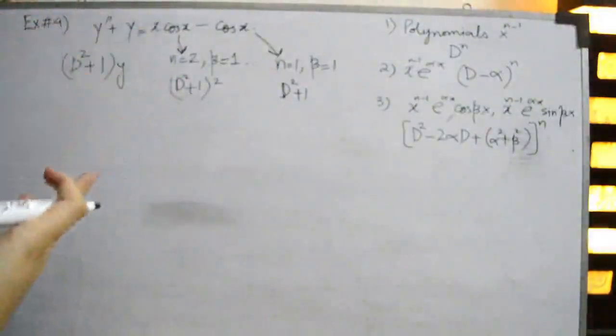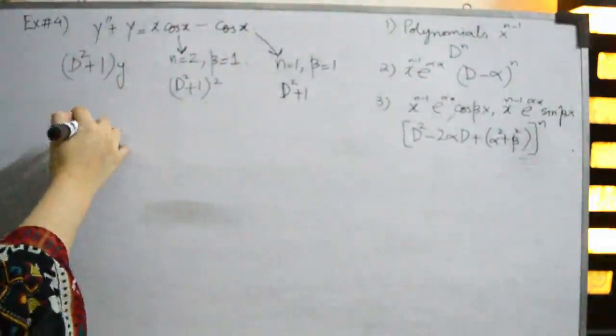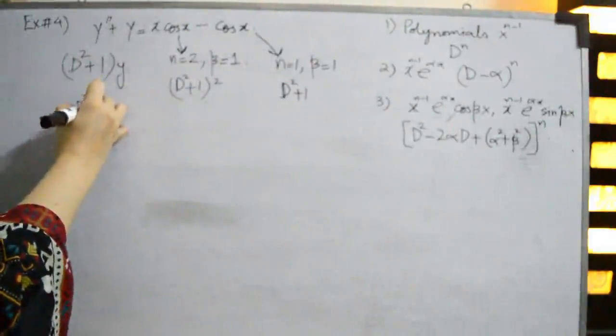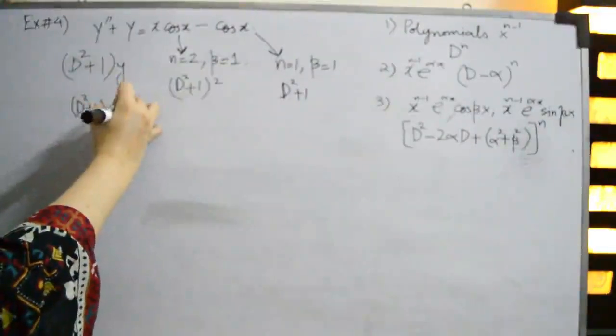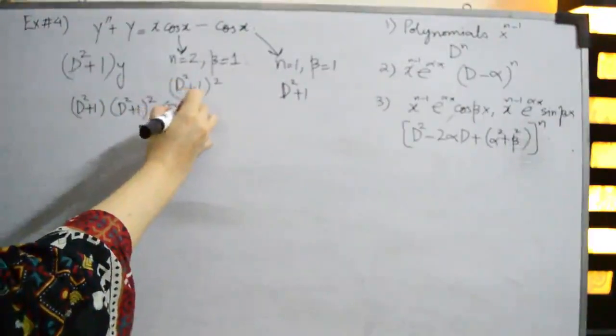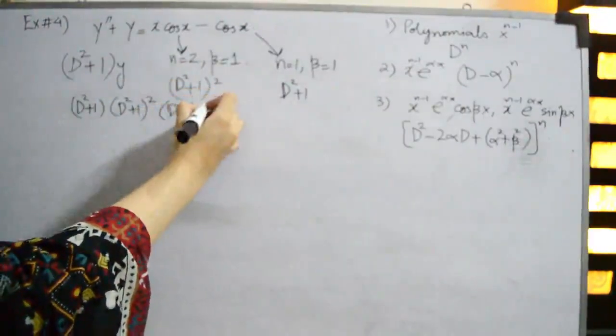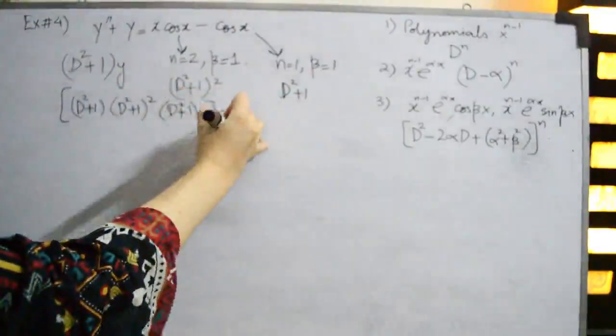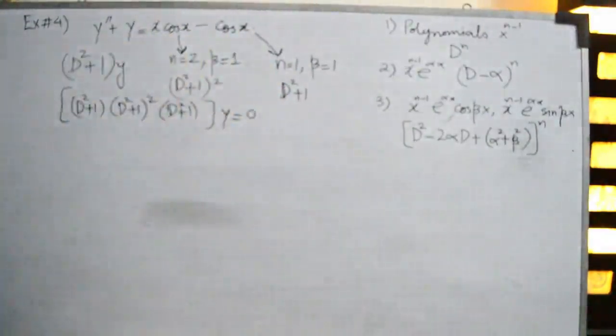Combining all these annihilator operators, that makes it D square plus 1 squared, and D square plus 1.